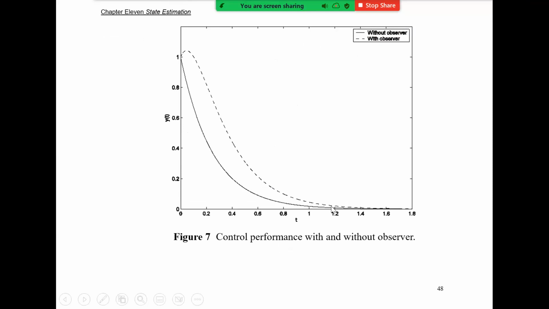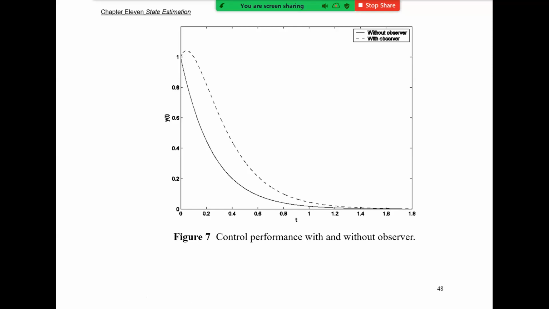But eventually, the error contributed by the estimation will go to 0. So you see after a while, at around 1.6, there is already no difference. Both of them go to 0.